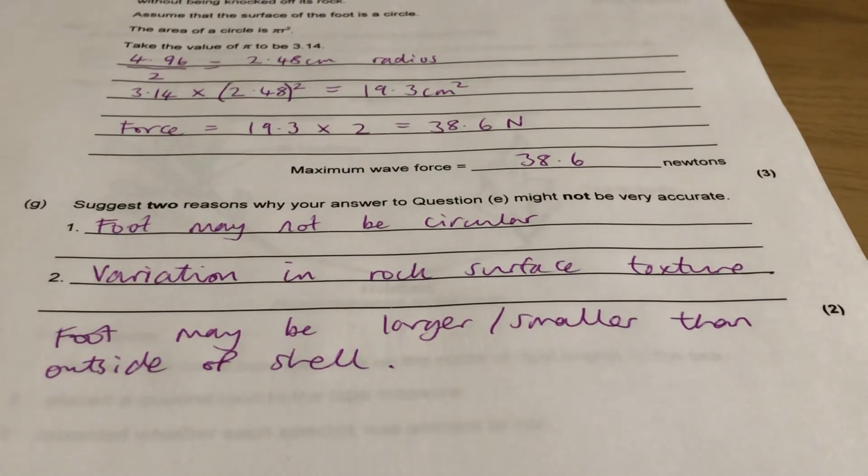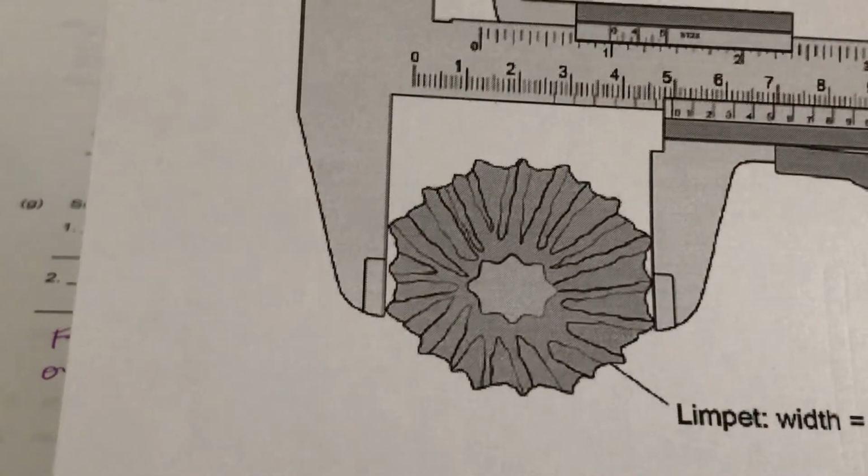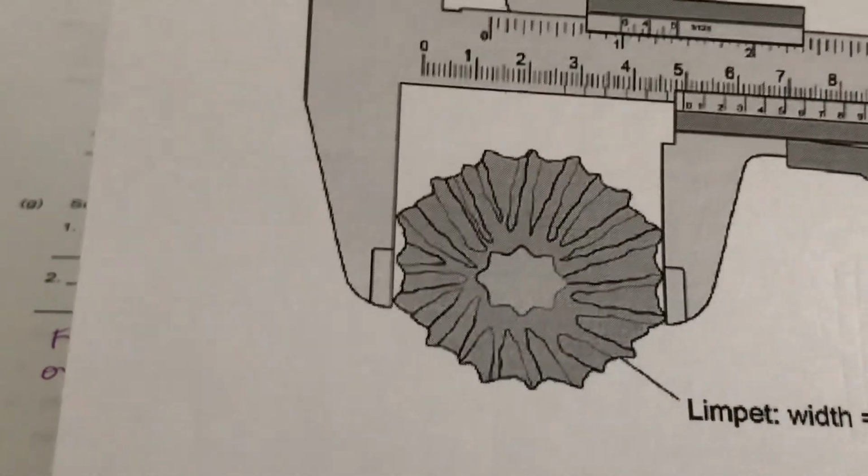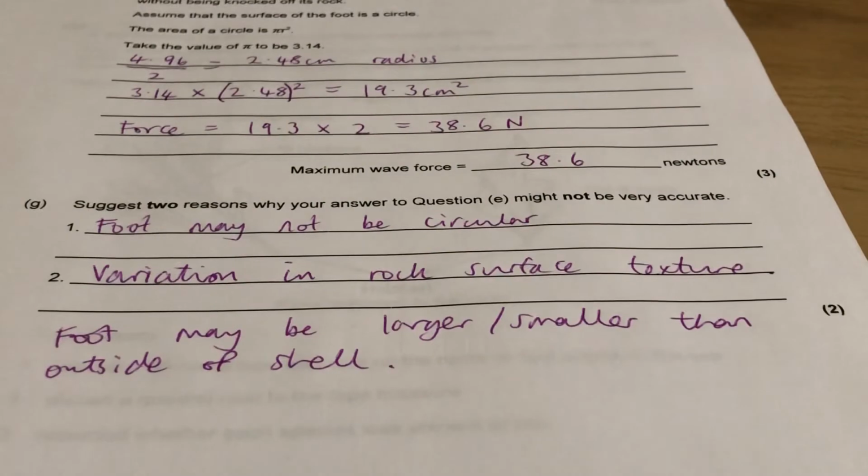Variation in the rock surface, the texture of the rock, it might not be clinging smoothly, it might be a very jaggedy, bumpy rock that it can't cling to as easily. The foot may be larger or smaller than the outside of the shell, so it could be that we look down on it and we can't see the foot at all, or it could be that when we look down on it we see the foot coming out of the edges. Okay, so that's something to bear in mind as well.